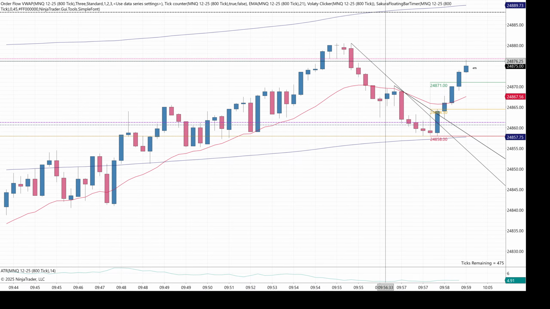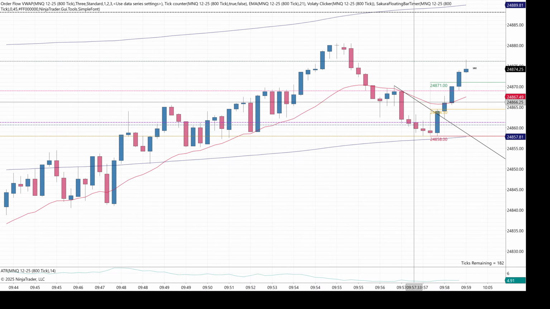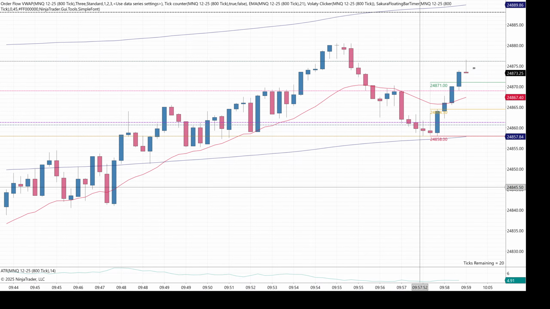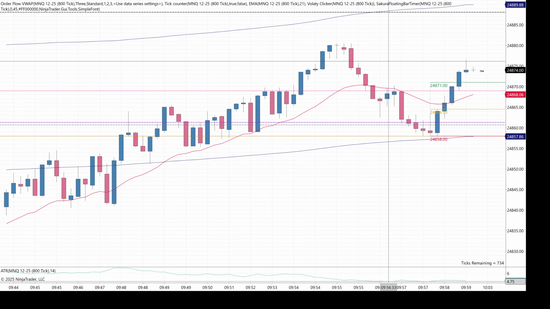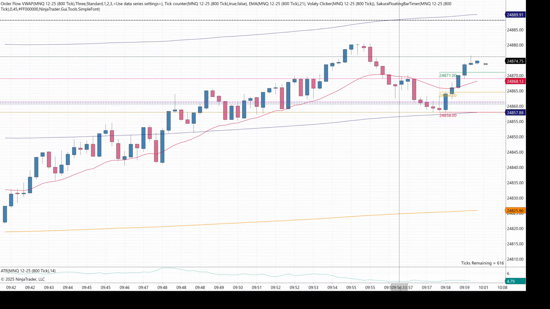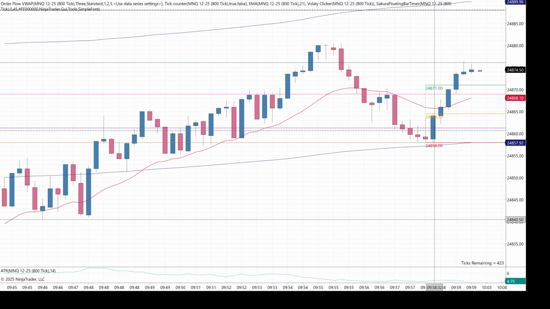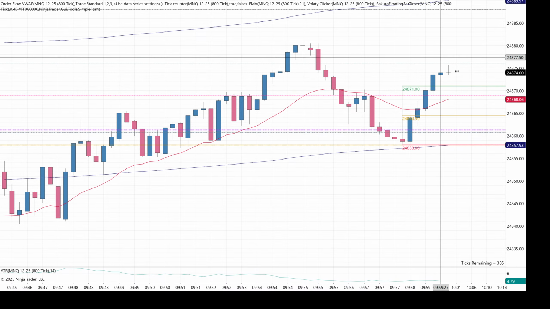Okay, we're going to keep track of the runner here. Retesting the overnight high right here, which could act as a lower high potentially.